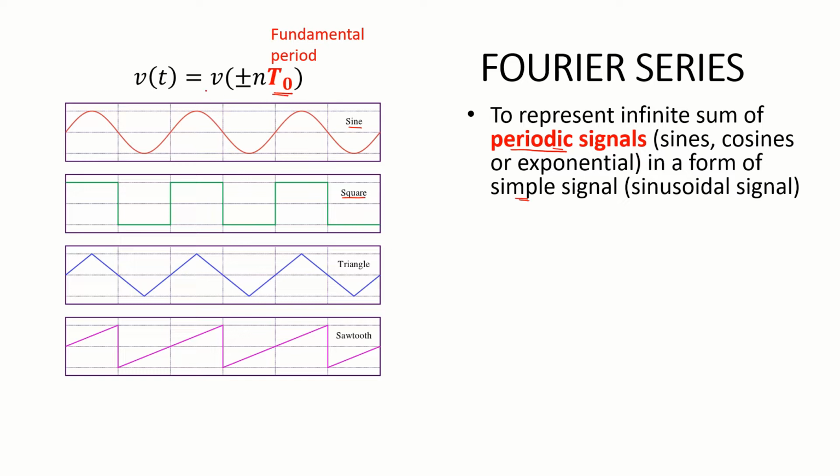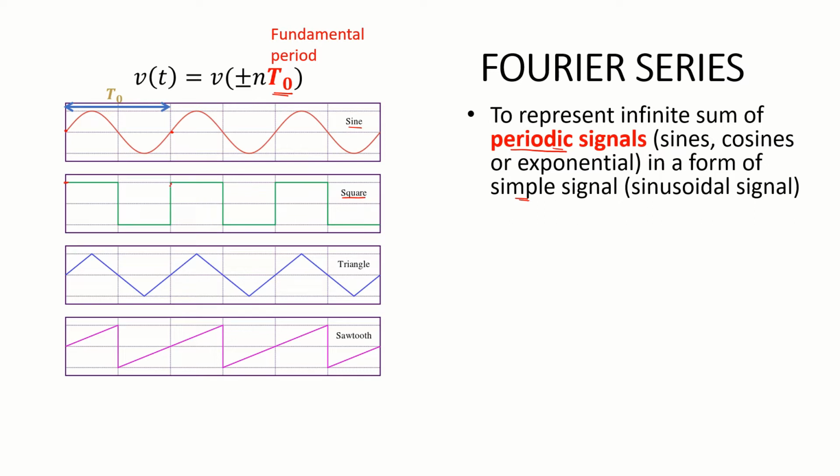So how do we decide the fundamental period? We start from the first point until one whole complete signal. So this is T naught, usually the first signal. For example, for the square, it starts from here and finishes here.